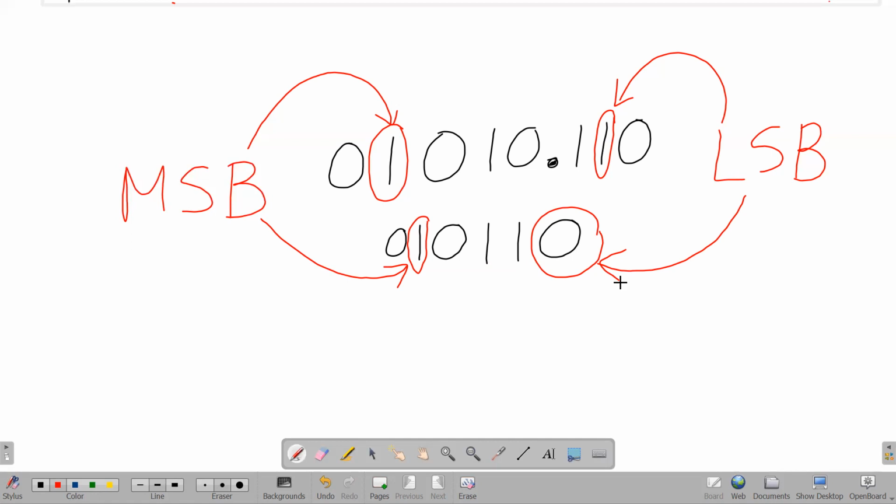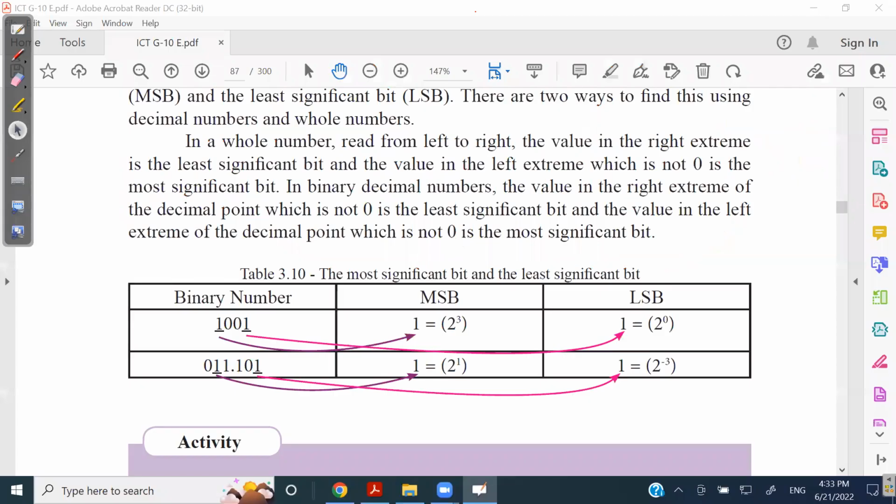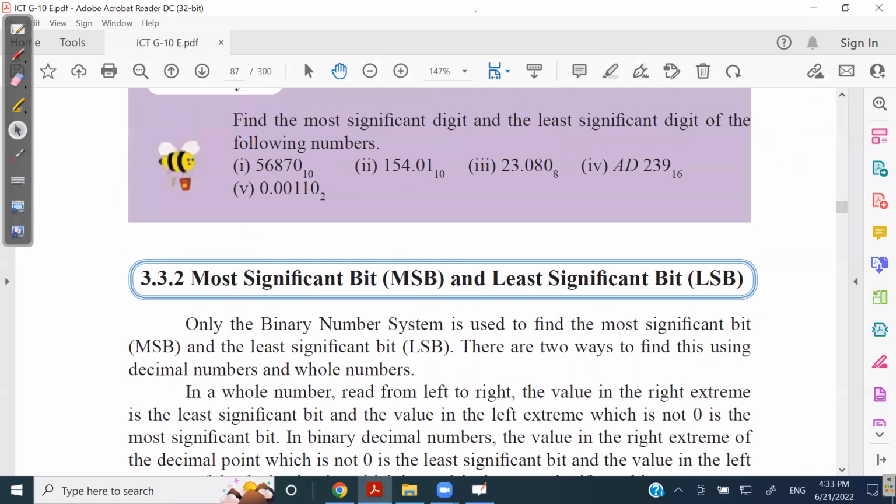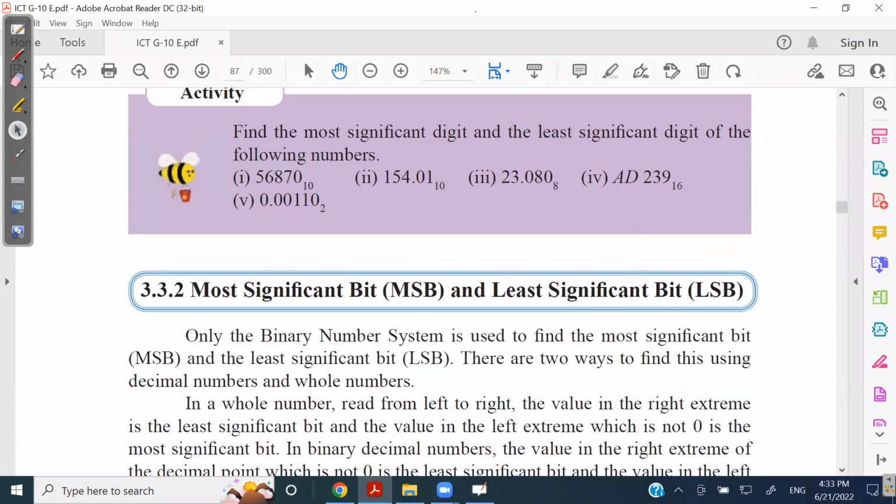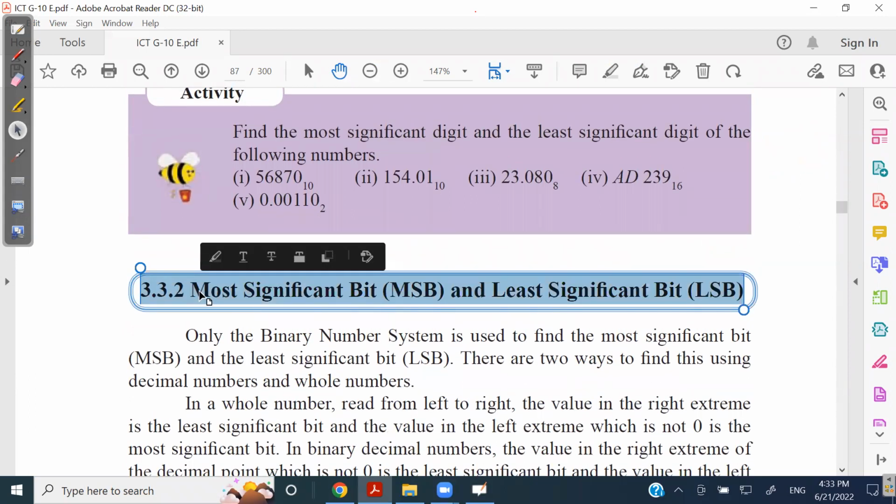Are we clear with that, people? Yes, everyone? Are we clear with that? Yes. Right. Okay, so let's go with noting things down. It's better you write this heading, most significant bit and least significant bit. Yeah, Sanushi, I'll come to that.